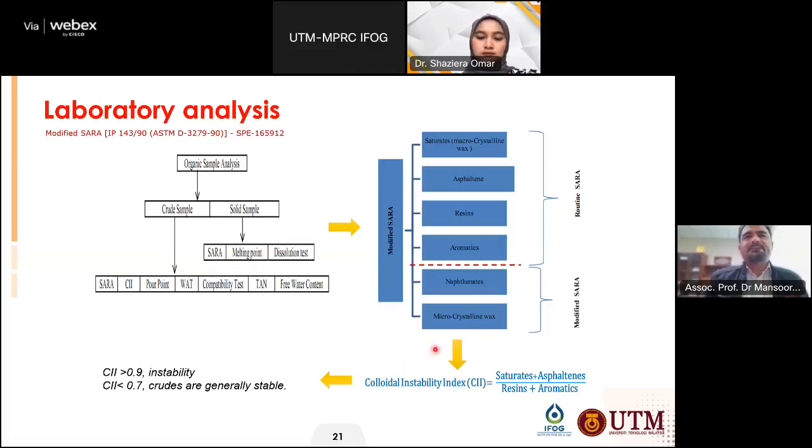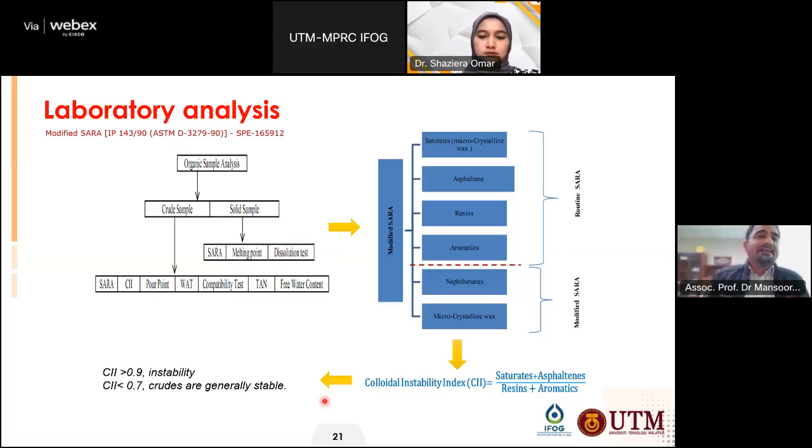Of course, for the modified SARA, we will include naphthenate and microcrystalline wax, and we have CII, which is the colloidal instability index. Based on that, if the CII is more than 0.9, it shows that we have instability.